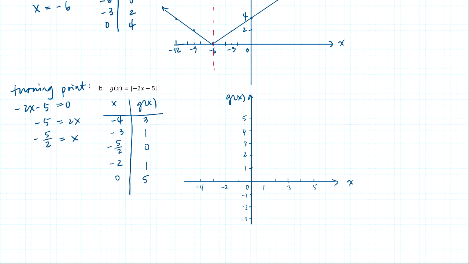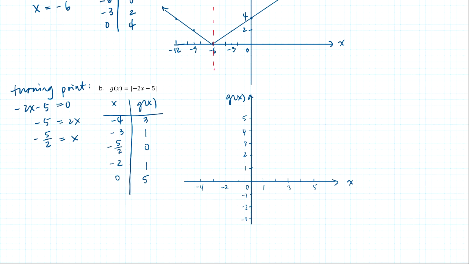Here I have a complete table, and now we are just plotting the table on the graph. When I'm scaling the graph, instead of going up by 1 for each box on my graphing paper, I'm actually going every 2 boxes being 1 because I have a fraction for my turning point. That just makes the whole process a little bit easier.